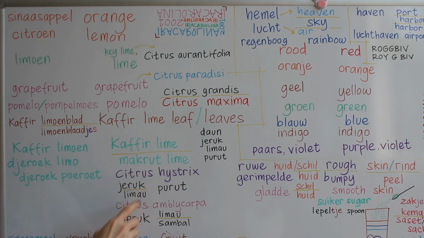We have jeruk or limau purut, Citrus hystrix, and also jeruk limau or jeruk sambal, Citrus amblicarpa. Even though for daily use I just say jeruk purut for all. Most people don't separate Citrus hystrix from Citrus amblicarpa. We just say it with one word.